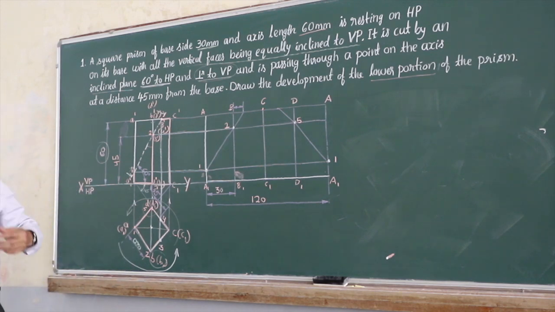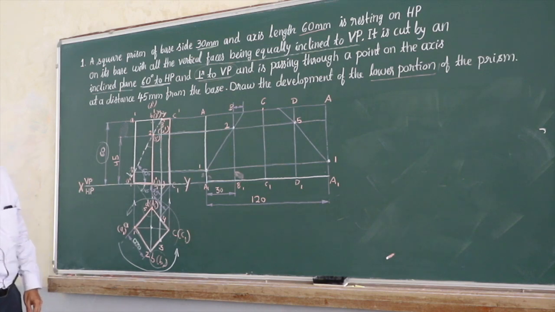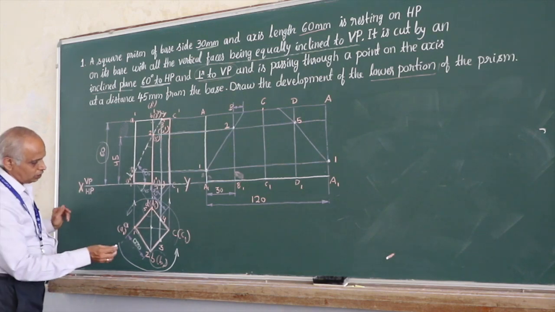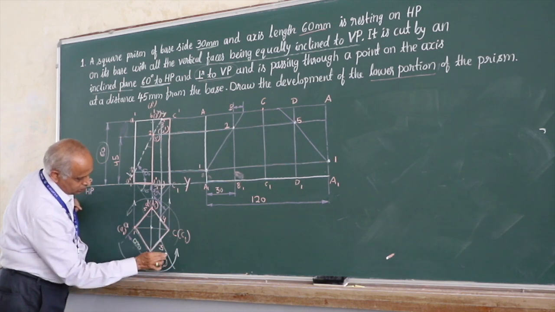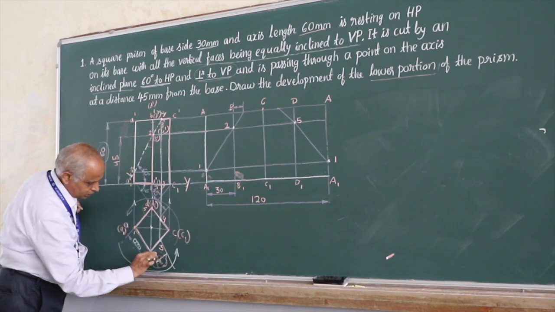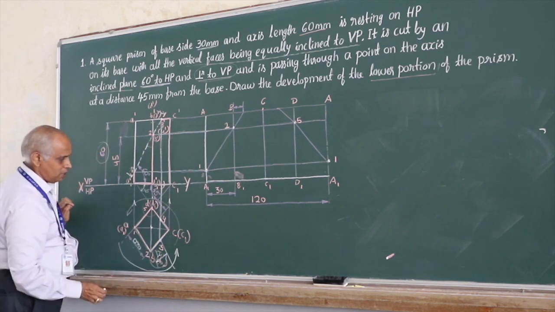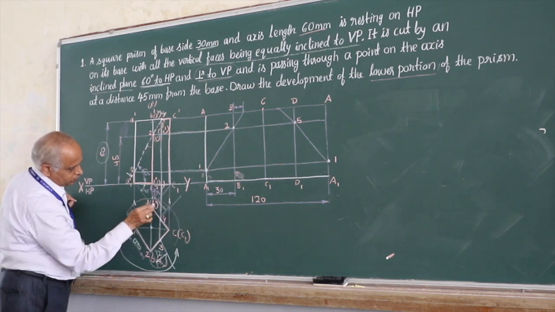So here, if you look at the positions of 3 and 4, they are approximately at a distance of 12 mm. So you just measure this distance. This is at a distance of 12 mm here. So you measure this distance. This comes to 12 mm. That means here also from D to 4 this is 12 mm.